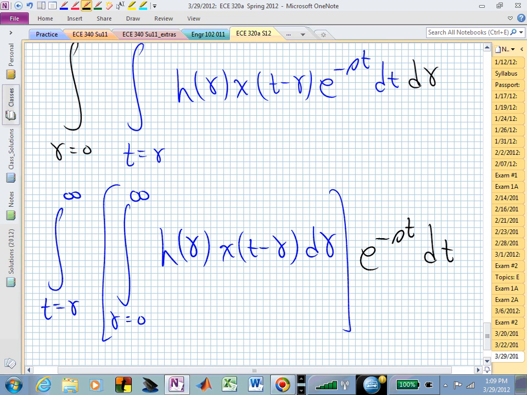And since gamma is indeed going between 0 and infinity, I can move that to 0.